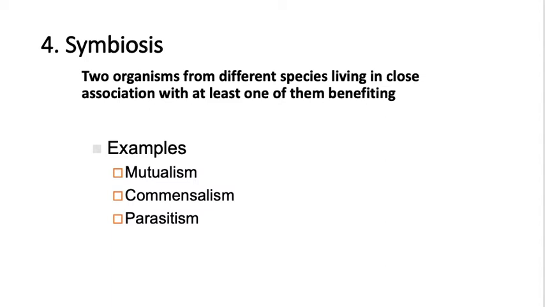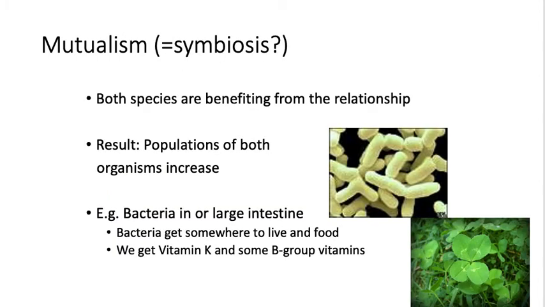Now, there are examples of symbiosis. They're divided up into three. We have mutualism, commensalism, and parasitism. Now, mutualism is very similar to the English use of the word symbiosis. It's what we tend to think of as symbiosis. Both species are benefiting from the relationship. So, what's the result?